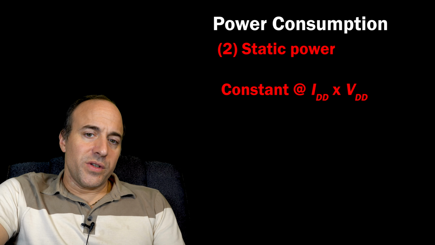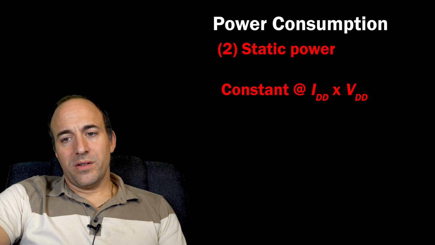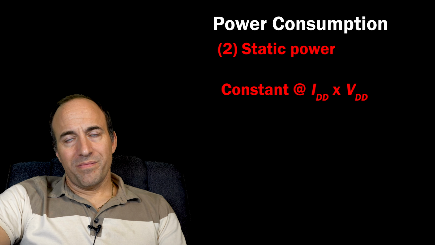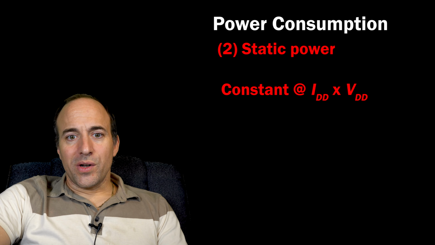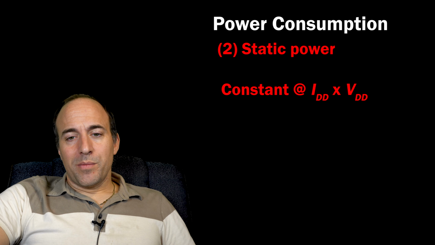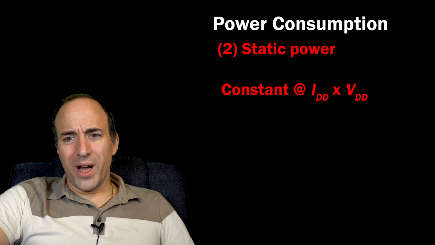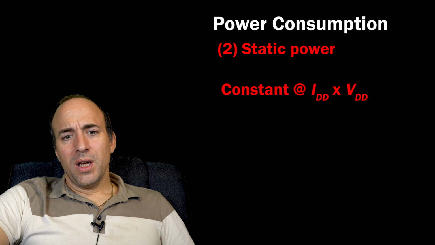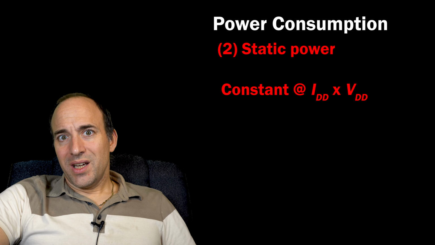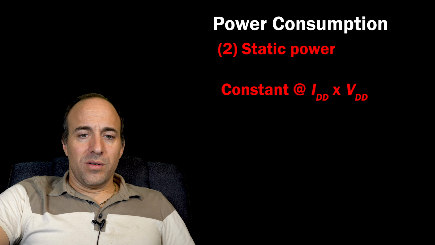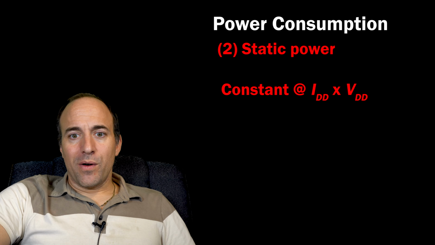This is because transistors that are in the off state still have finite resistance. That's typically on the order of mega ohms, or possibly tens or hundreds of mega ohms, but it's non-zero. The static power consumption is this leakage current, which is also called the quiescent power supply current, IVDD, and when multiplied by VDD gives you the static power consumption.